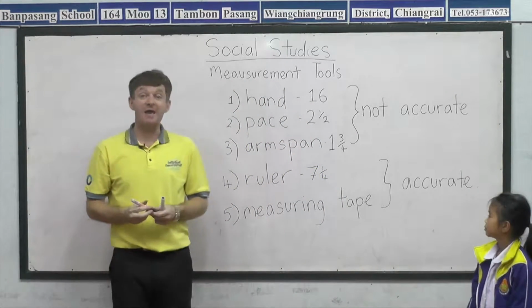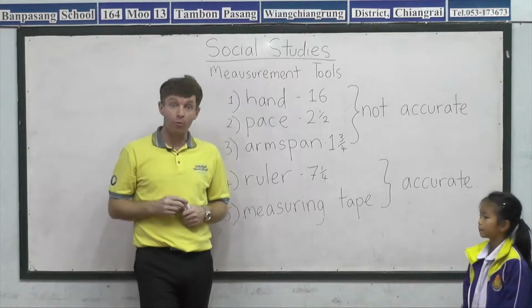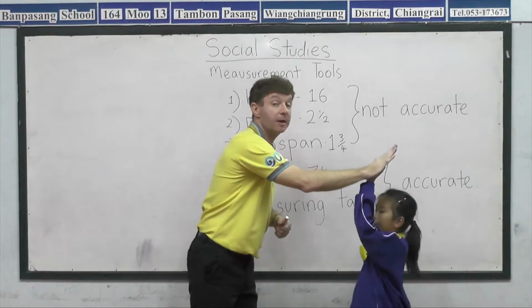Okay, 7 1/4 rulers. High five for Prel and big round of applause.